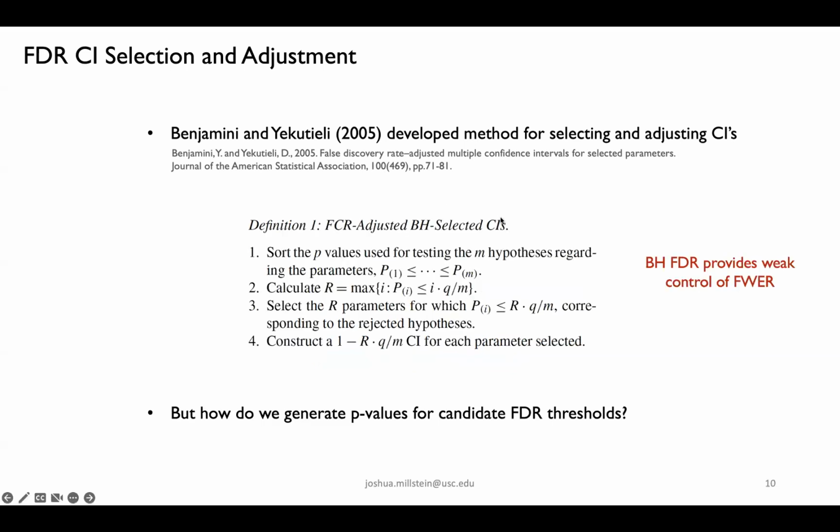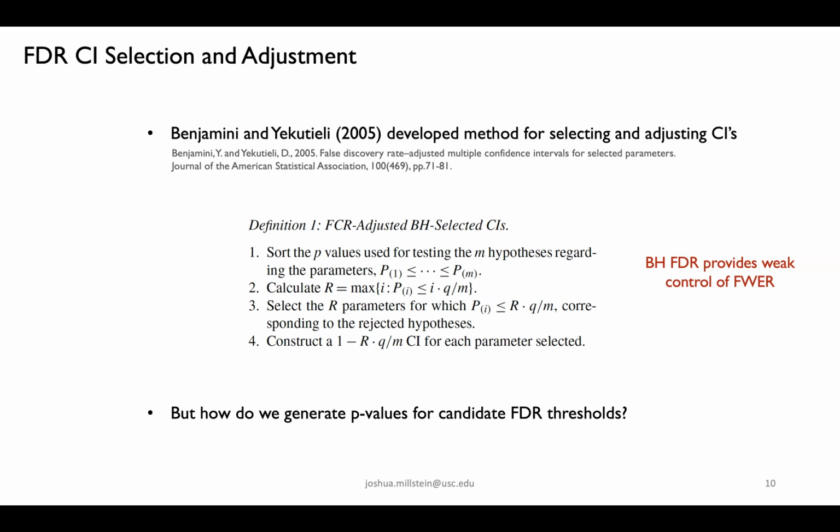The selection part of the approach works essentially according to the BH method. For each confidence interval, it's assumed that we have a corresponding p-value, and we apply the BH approach to select a set of tests that are FDR controlled.